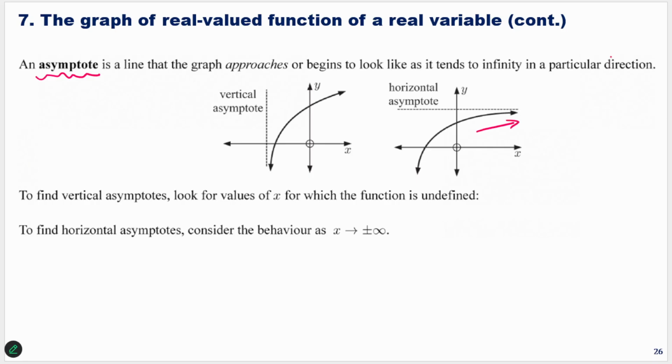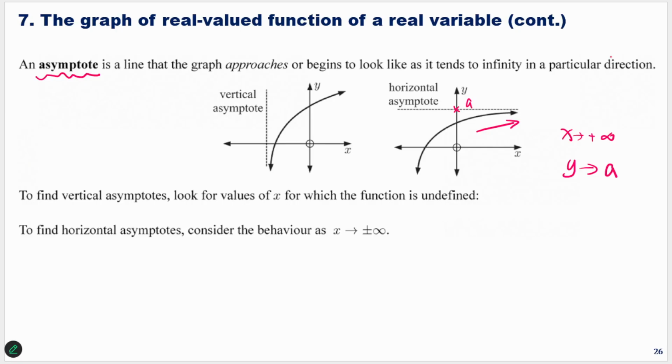Similarly, in this direction, when x approaches positive infinity, y approaches, let's say, a, then this line is called a horizontal asymptote. The curve will get closer and closer to that line as x approaches positive infinity, but it will never touch it.